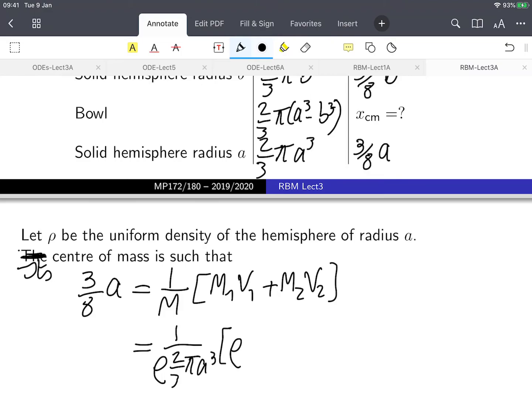What did I write? Sorry. It's not V1. It's X1 M2 X2. Sorry, it's the positions.